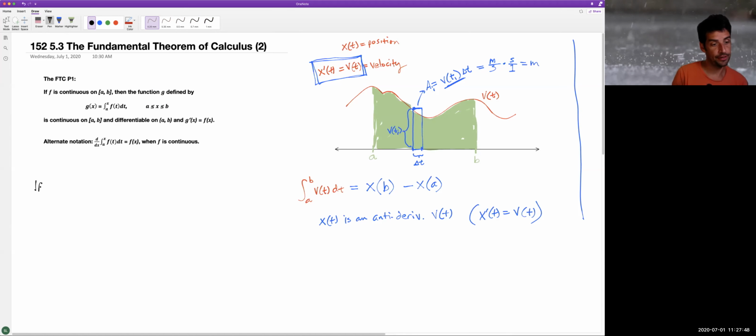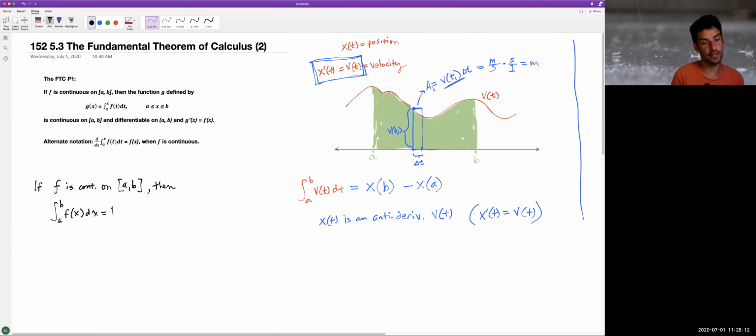We can say if a function f is continuous on the interval [a, b], then the integral from a to b of f of x dx is equal to capital F of b minus capital F of a, where capital F is an antiderivative of f, meaning, if I take the derivative of capital F, I get little f.